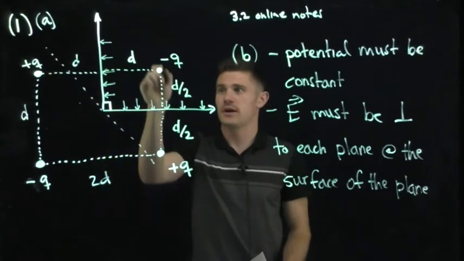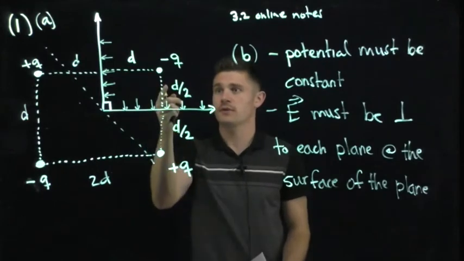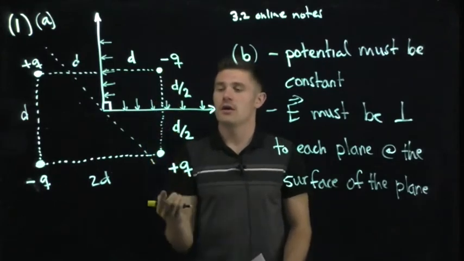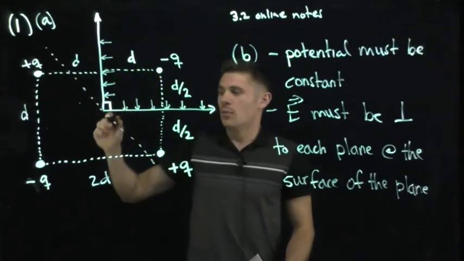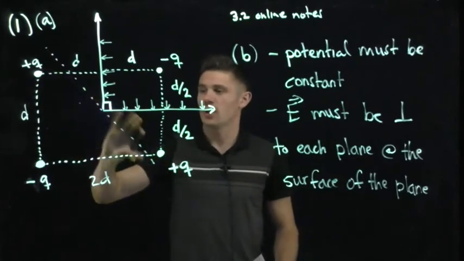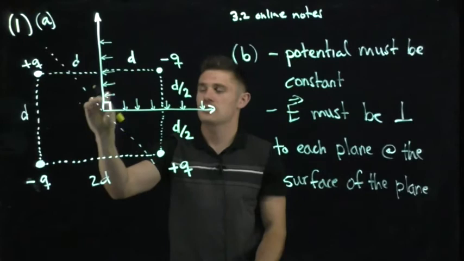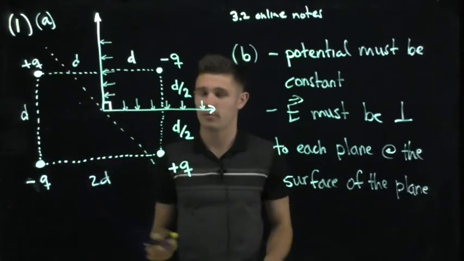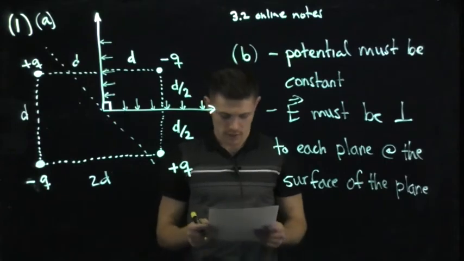So you can see right at this point in between, of course, the plane will be moving from, the field will be moving in this vertical direction, and here will be horizontal. But of course, the charges in the top corners here will have an effect on each other, and the only way that in this corner here the conditions will be met is if we put that negative charge in this corner here symmetrically.